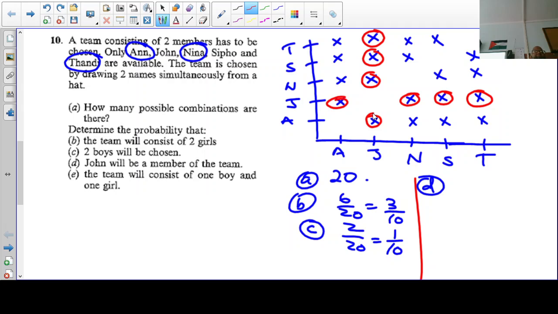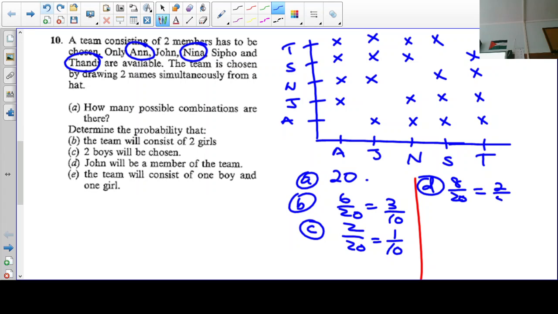Make sense, people? Anybody confused? So how many options do I have here? 1, 2, 3, 4, 5, 6, 7, 8. So that's going to simply give us 8 out of 20, which is 2 out of 5.